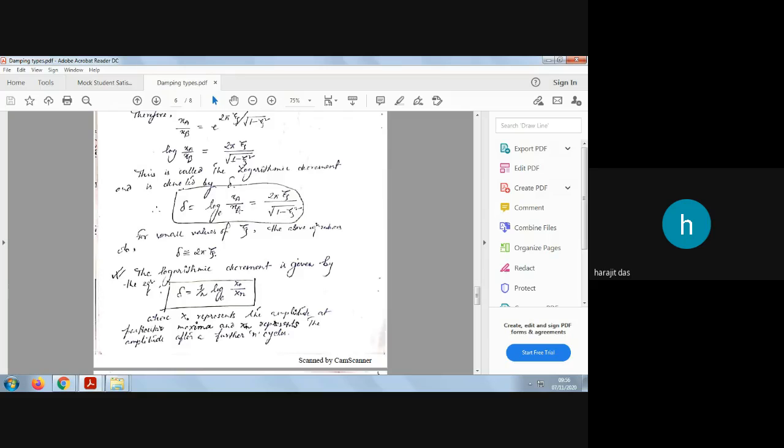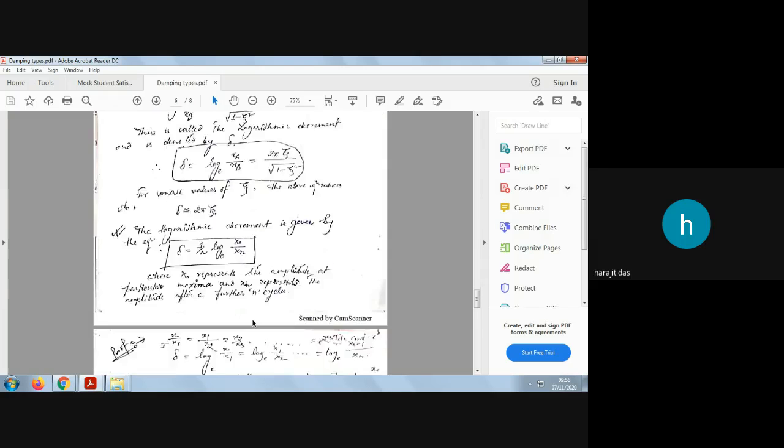For one cycle you take two consecutive ratios, and for n cycles this delta is given by 1 upon n log base e of x naught by xn. We can prove this one, by taking the basic concept, and we will find that the logarithmic decrement for n cycles is this much.